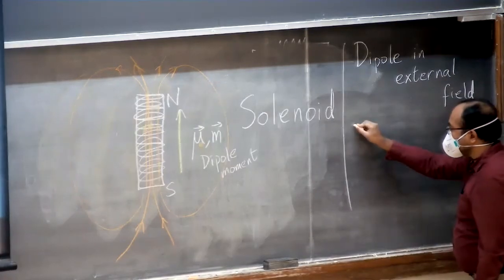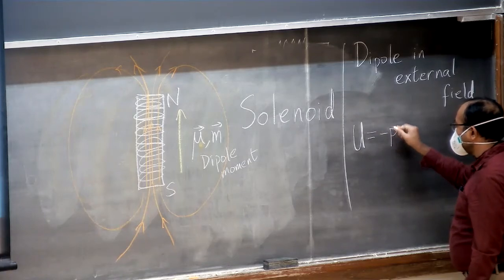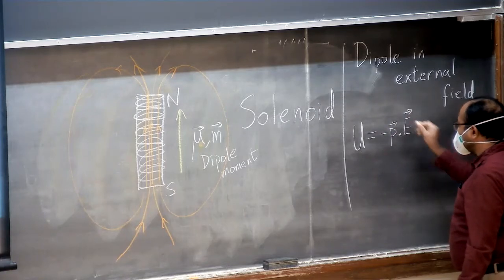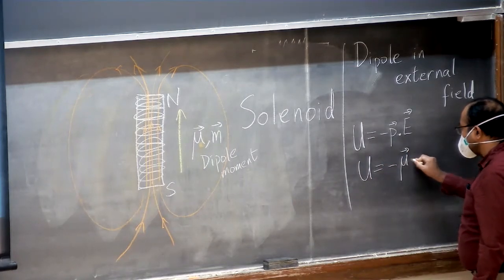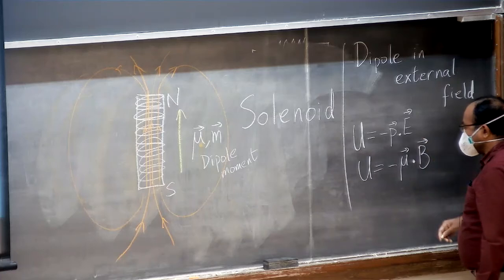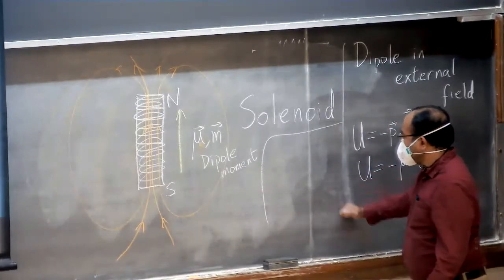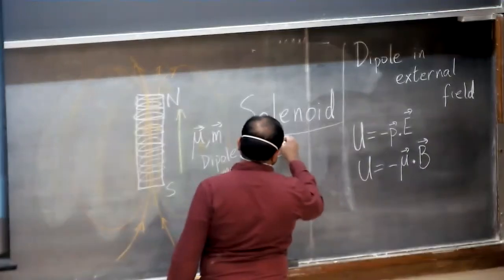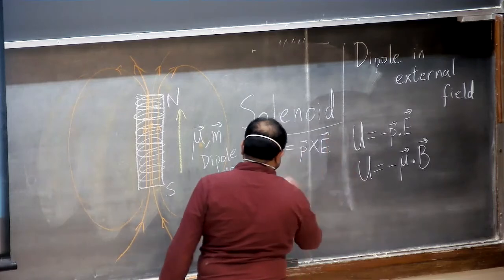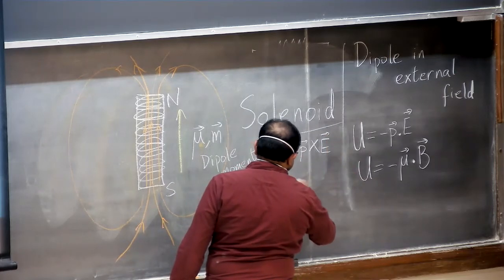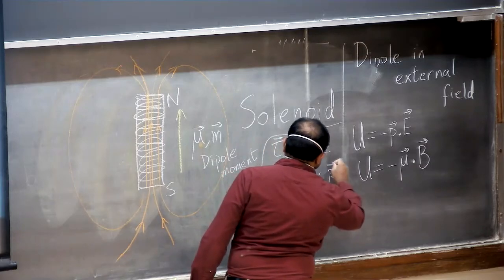And just like how for the electric case we had U is equal to minus P dot E, now over here we'll have U is equal to minus mu dot B. And just like we had torque was P cross E, similarly over here we'll have torque is mu cross B.